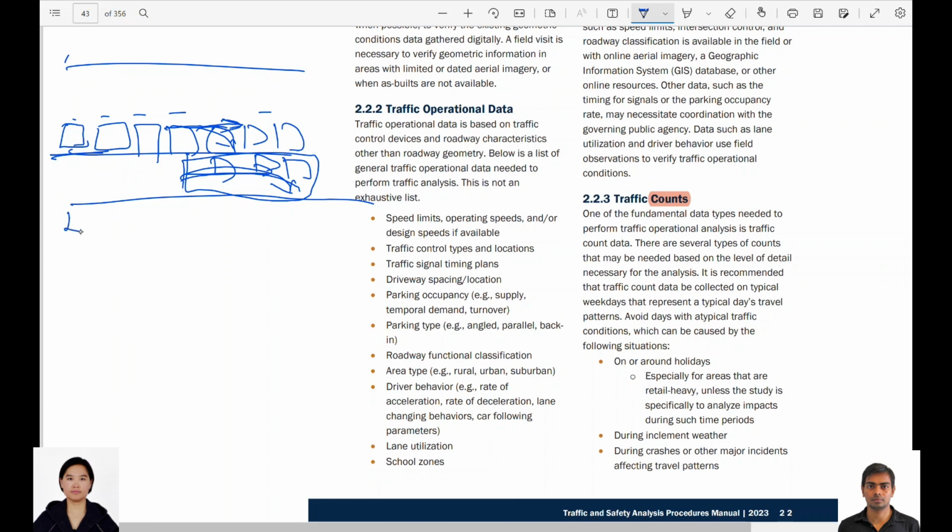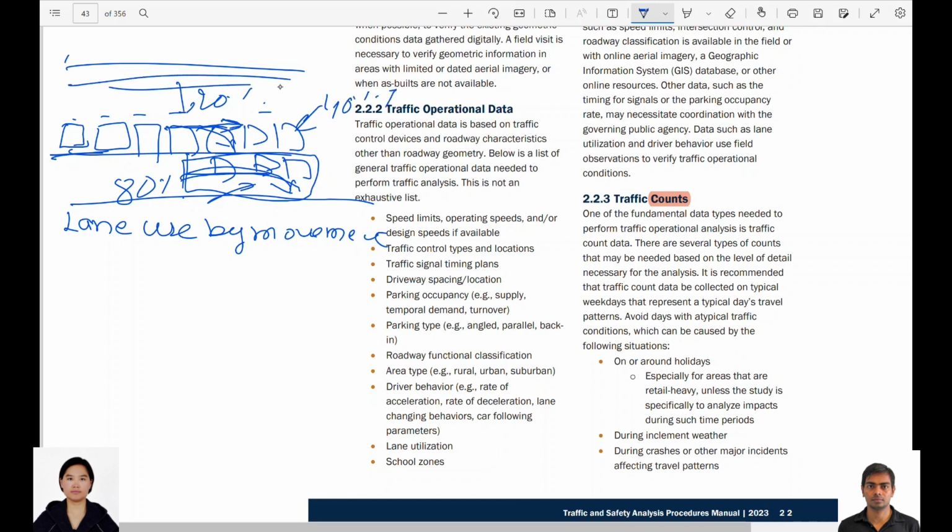So we are looking for lane used by movement. So let's say 80% of right turn vehicles are here, 20% of right turn vehicles are here. Now let's say 40% of through vehicles are here, and 60% of through vehicles are in this lane.